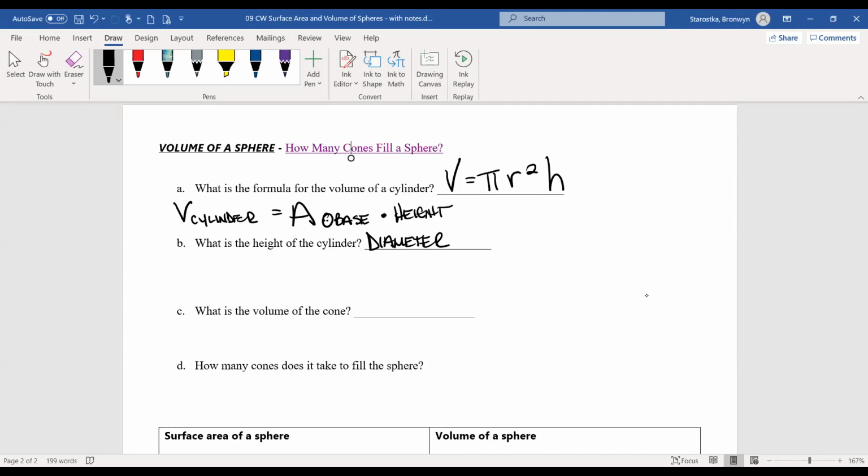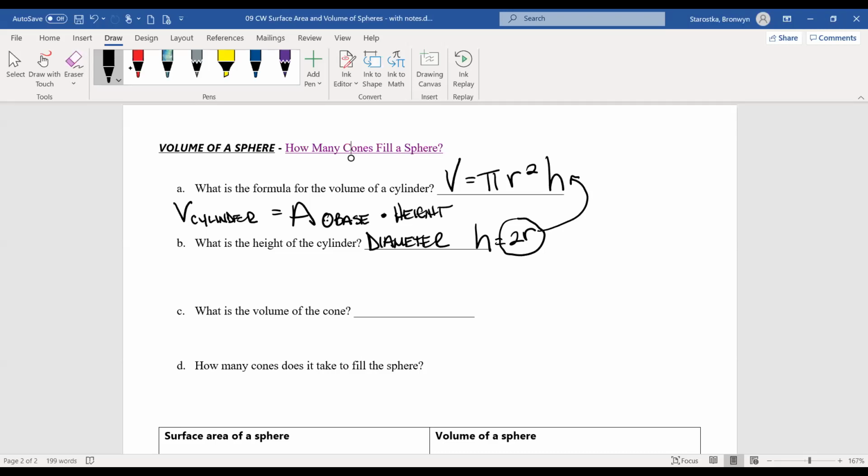So we know diameter to be 2 radii. So our height, which would be the diameter of the sphere, is actually 2 radii. We're going to take this 2r right here and substitute it in here.